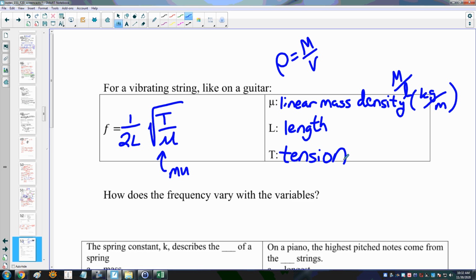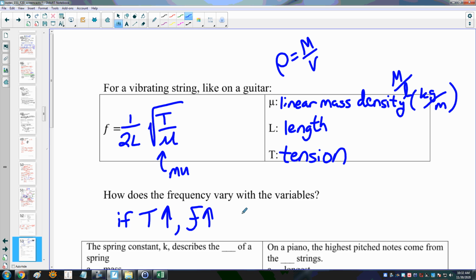So how does the frequency vary with these variables? Well, if the tension goes up, the frequency goes up. That is a direct relationship. It's not a linear relationship, but it's a direct relationship.